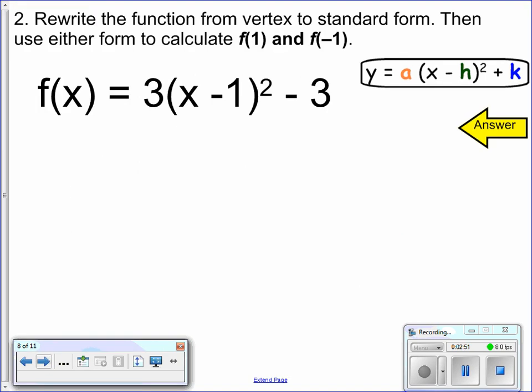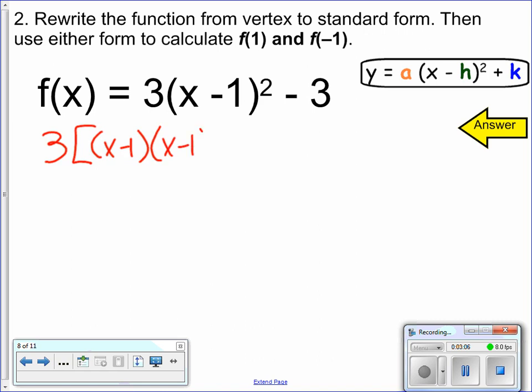So we're going to rewrite this from vertex to standard form, and then calculate f of 1 and f of negative 1. In order to change this to standard form, I'm going to take the x minus 1 and actually square it. So I get 3 times x squared minus 2x plus 1 minus 3.